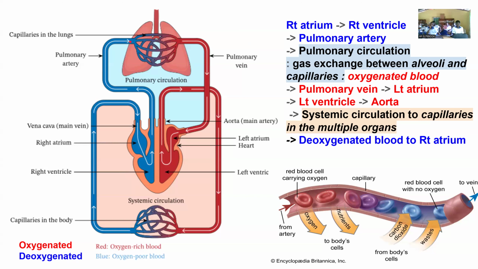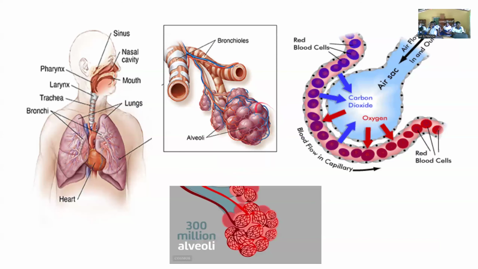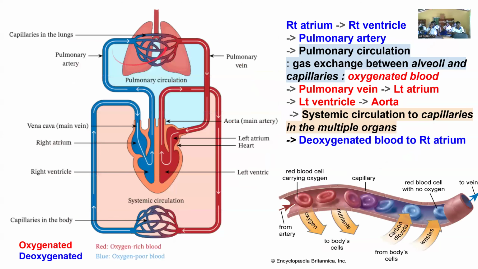And through our respiratory system, where we breathe in oxygen in the alveoli, like we saw here, these are alveoli. This is where oxygen exchange occurs in our lungs, as carbon dioxide leaves the red blood cells and the oxygen goes into red blood cells. And as it is oxygenated in the alveoli, it moves back into the pulmonary vein.